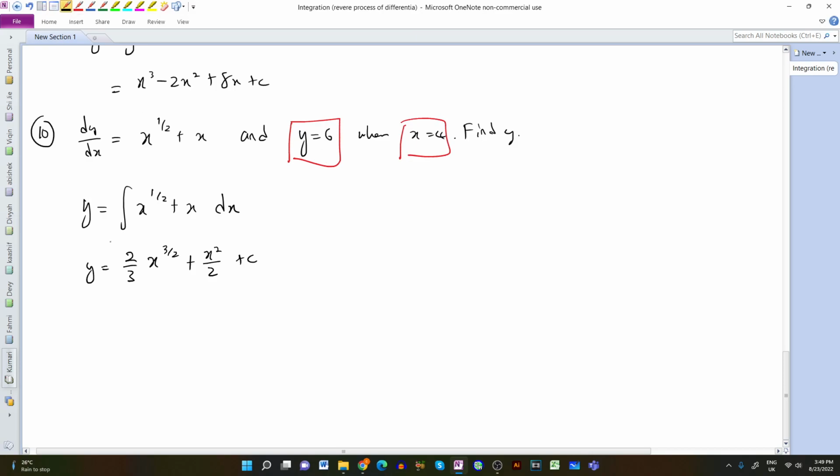So you replace that inside this equation here. x is 4, y is 6, and x to the power 3/2 becomes 4 to the power 3/2. Replace here and find me what is c. Okay.